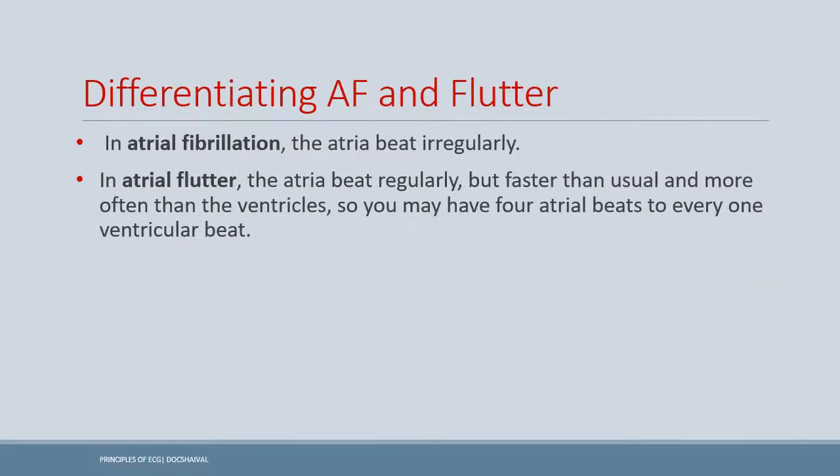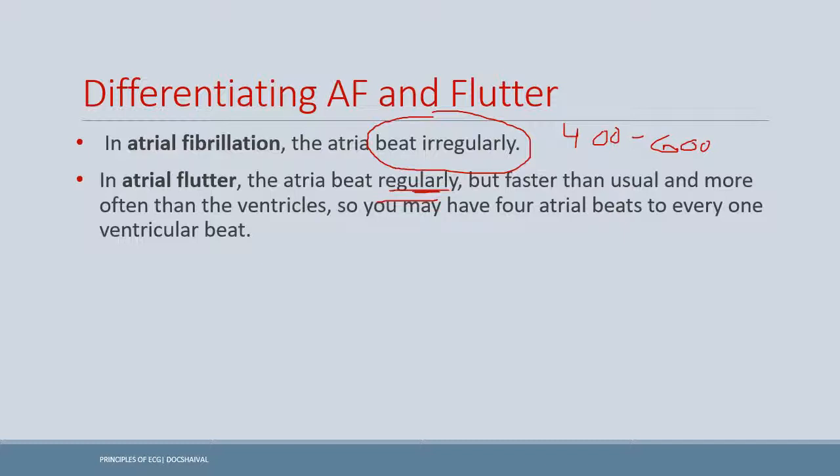Okay. Now, very important to understand is differentiating between atrial flutter and atrial fibrillation. In atrial fibrillation, the atrial beat is irregular and the rate is very high, around 400. We have already seen 400 to 600. In flutter, yes, the rate is high, obviously, but the rhythm is regular.